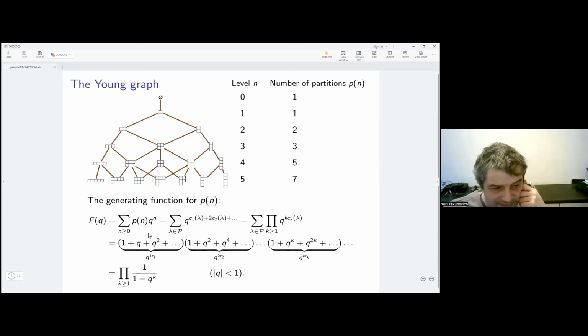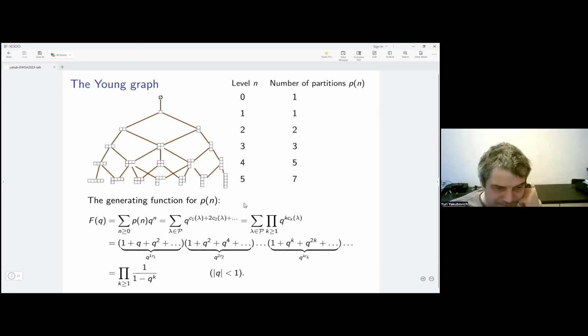Let us consider this generating function. First we can write this weight n as a linear combination of the part counts, and then instead of summing over levels, we can sum over all partitions.